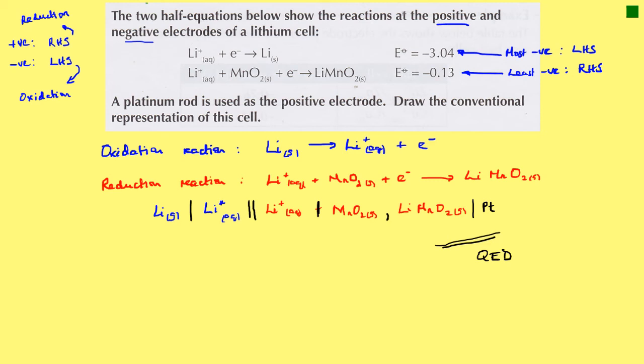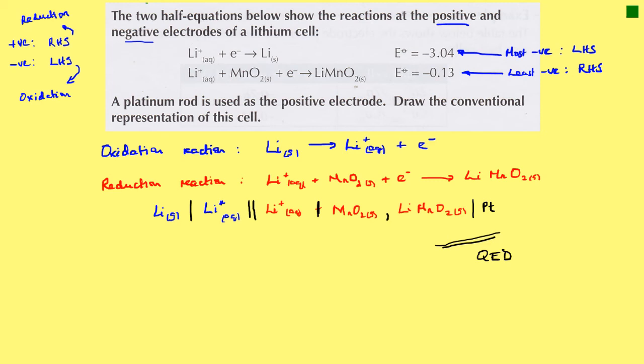So here we have an example. Let's read it first. We've got two half equations below, and they show the reactions at the positive and negative electrodes of a lithium cell. The two half equations are: lithium plus an electron going to lithium solid, and then lithium reacting with manganese oxide plus an electron going to lithium manganese oxide as a solid, and we're given the electrode potentials of those two half equations.